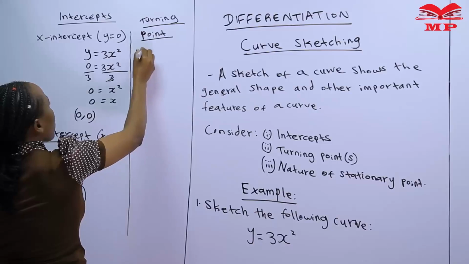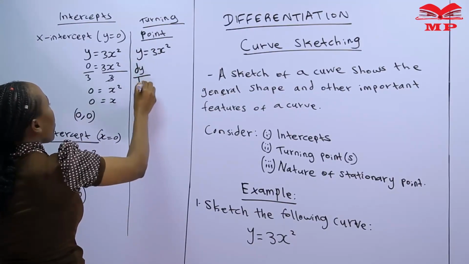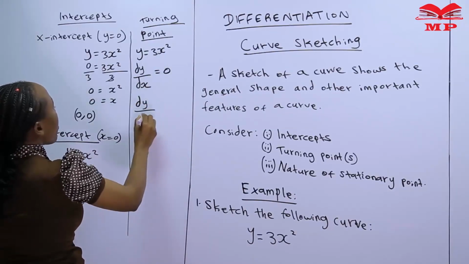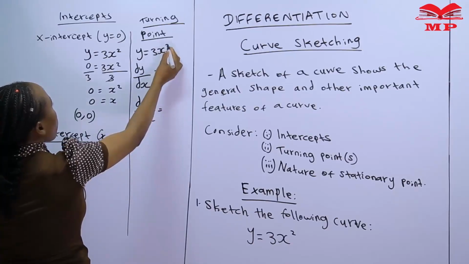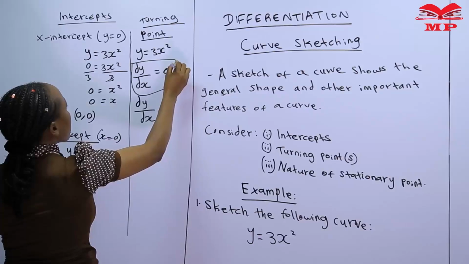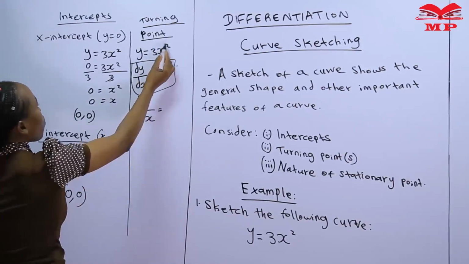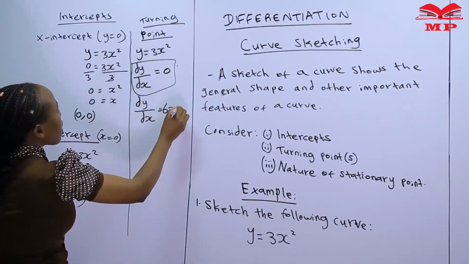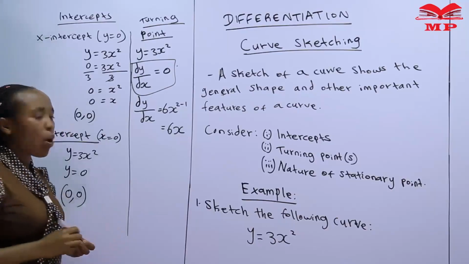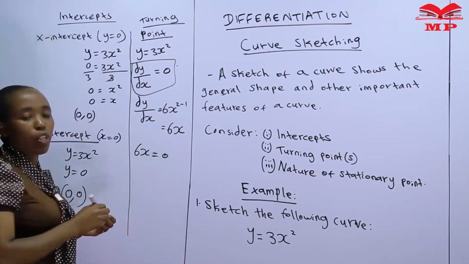And therefore, if we have our equation 3x squared, the gradient dy/dx should be equal to 0 for the stationary point. When we differentiate, we get 2 times 3, that is 6, x raised to power 2 minus 1, which is 6x. So our gradient is 6x. So 6x is equal to 0 at the stationary point.